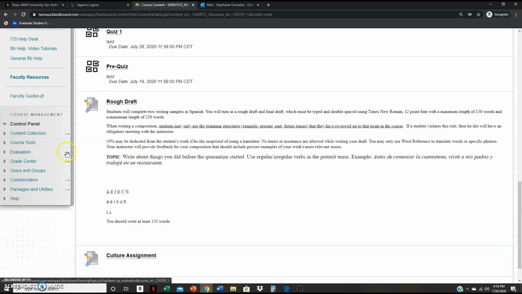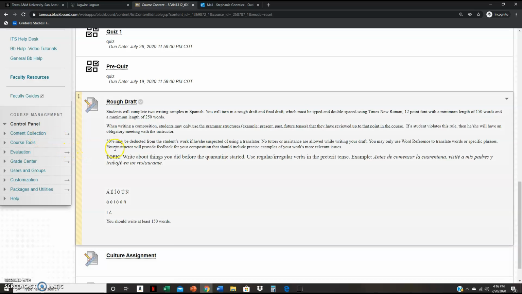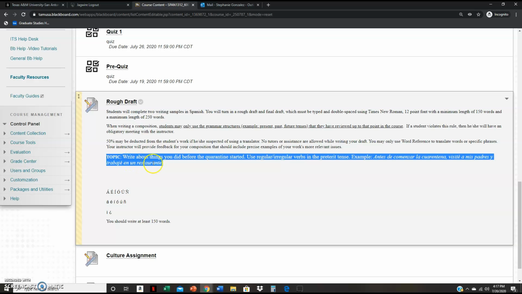What I'm going to do is give you a grade for your rough draft, and that grade is going to be based on, did you follow the instructions, which is basically, did you follow the prompt? The prompt is things that you did before quarantine started. So are you telling me something that is completely not related to this, or are you getting off topic, or are you following the prompt?